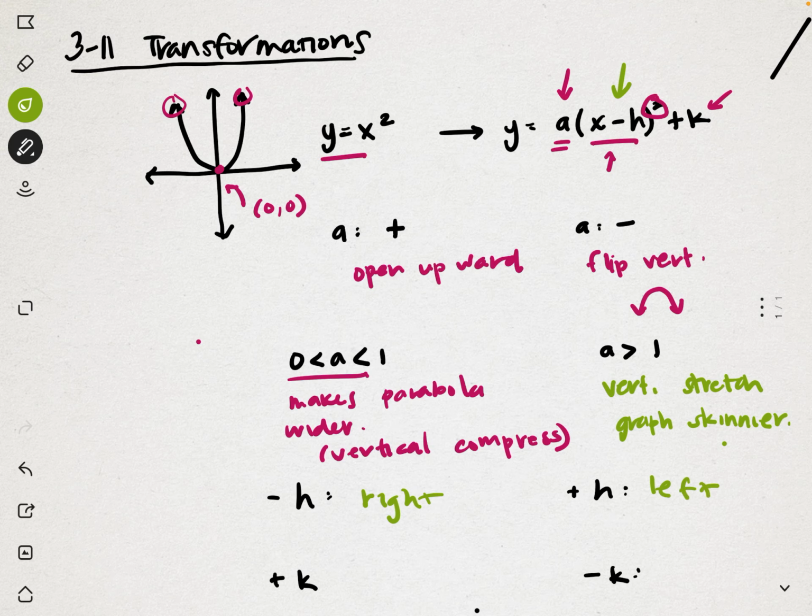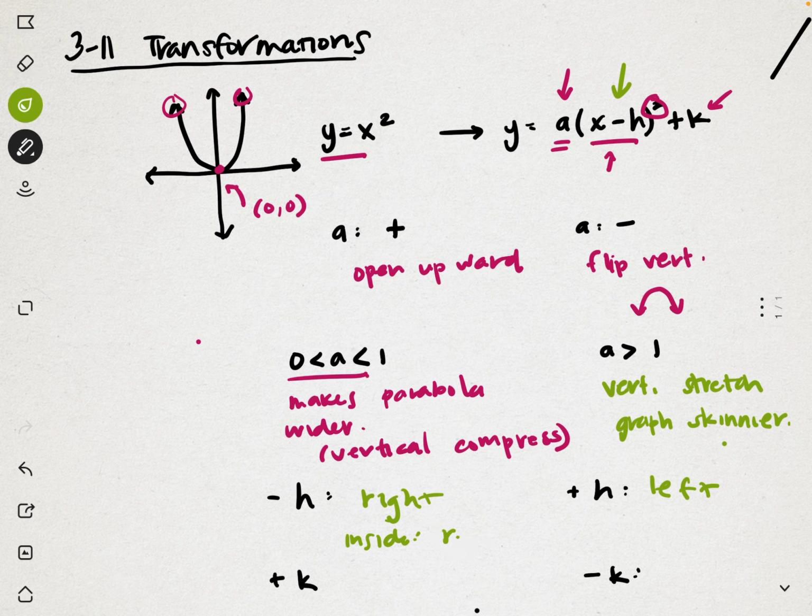And it's counterintuitive because you'd think plus means positive, so we're going to the right, and minus means negative, so we're going to the left, but it's reversed.